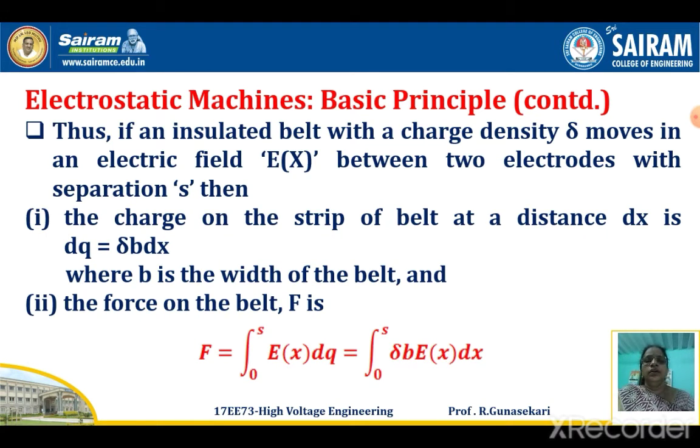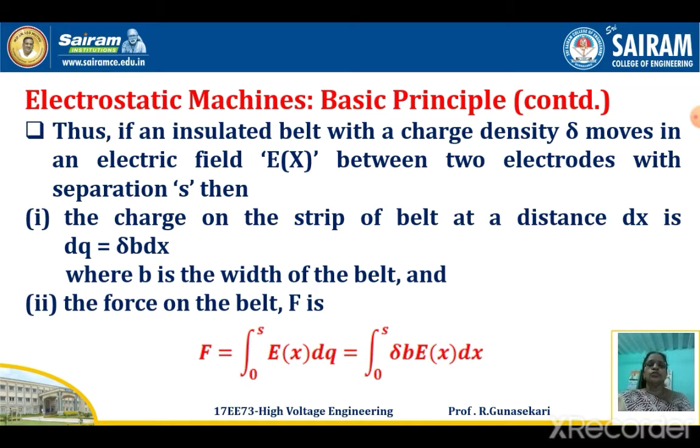Then, if an insulated belt with a charge density delta moves in an electric field E of x between two electrodes with separation S, then the charge on the strip of belt at a distance dx is dq equal to delta into b into dx. b is the width of the belt, q is the charge of the belt, delta is the charge density, and dx is the distance.